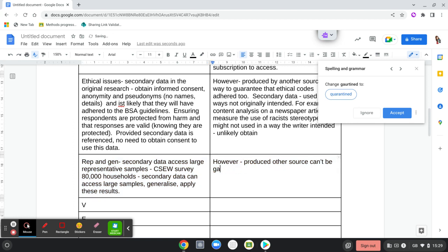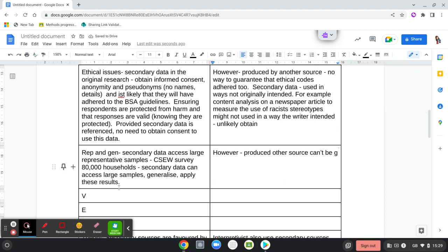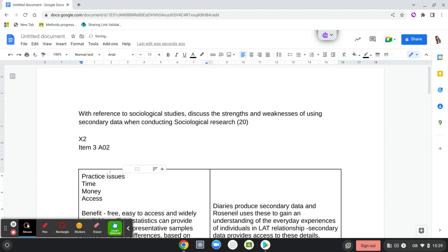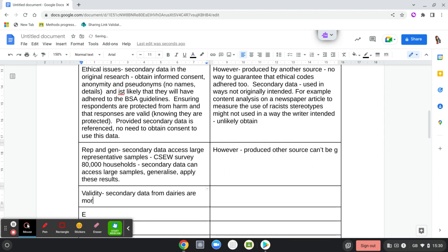So then we're going to do validity. We're going back to our qualitative point here. For validity, we're going to note that secondary data from diaries are more valid.